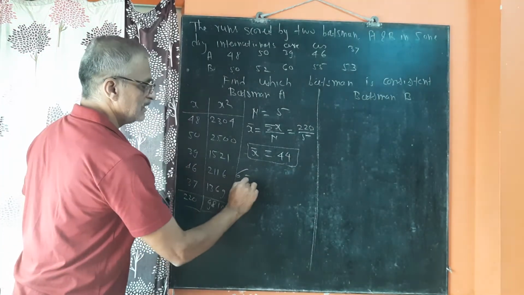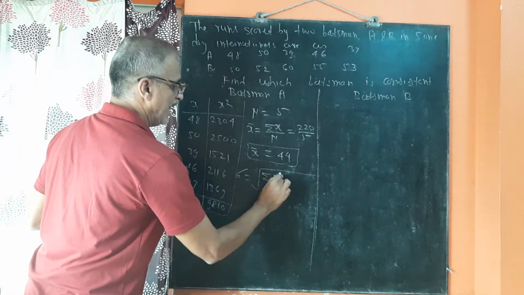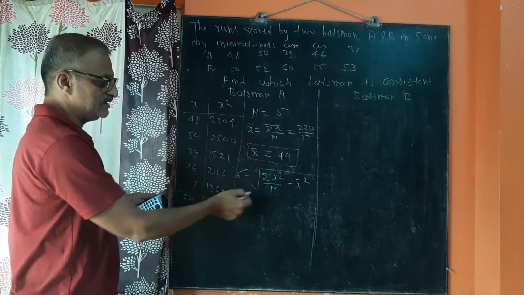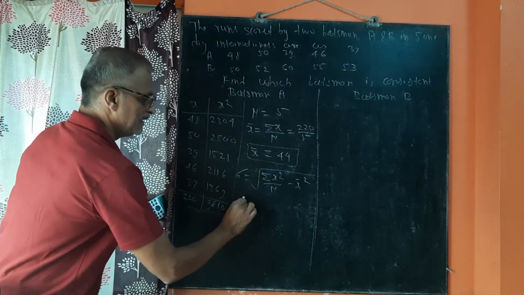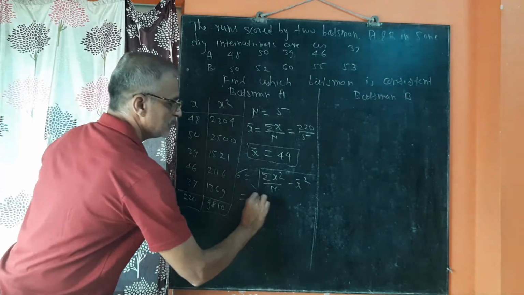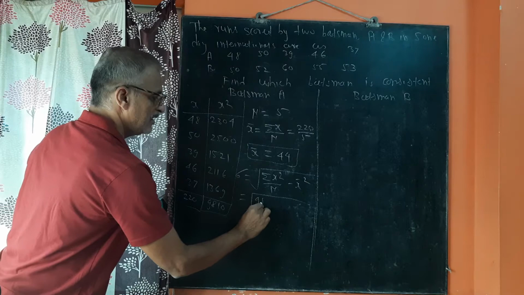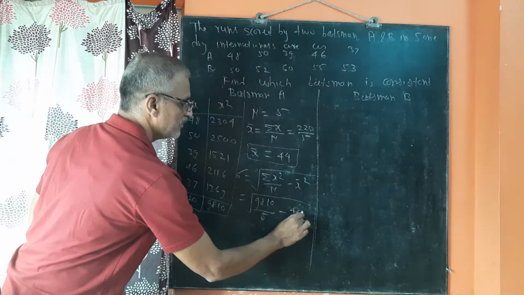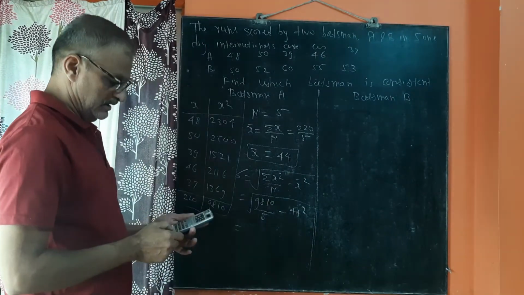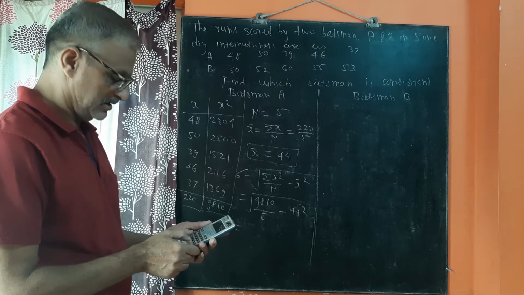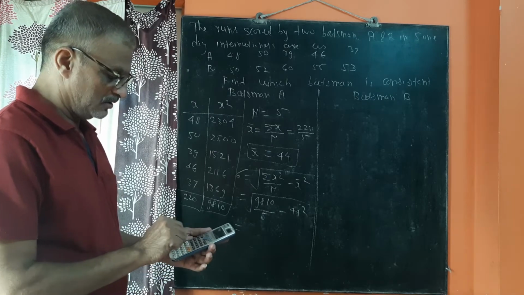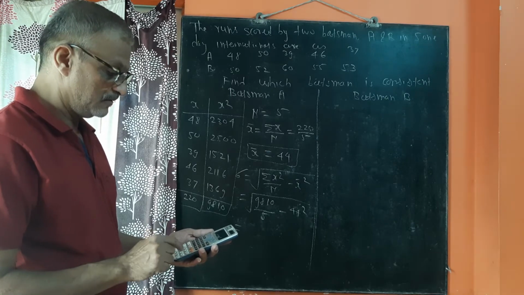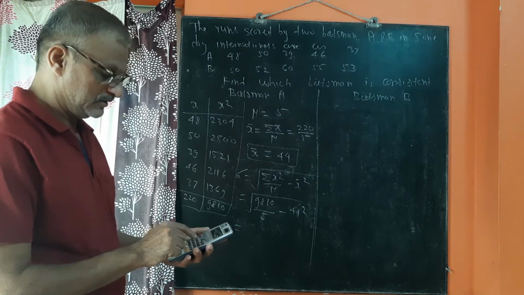Then sigma equals the square root of summation of x square upon n minus x bar square. The formula for sigma for a series is the square root of summation of x square by n minus x bar square. Substituting the values, we get the square root of 9810 divided by 5 minus 44 square.